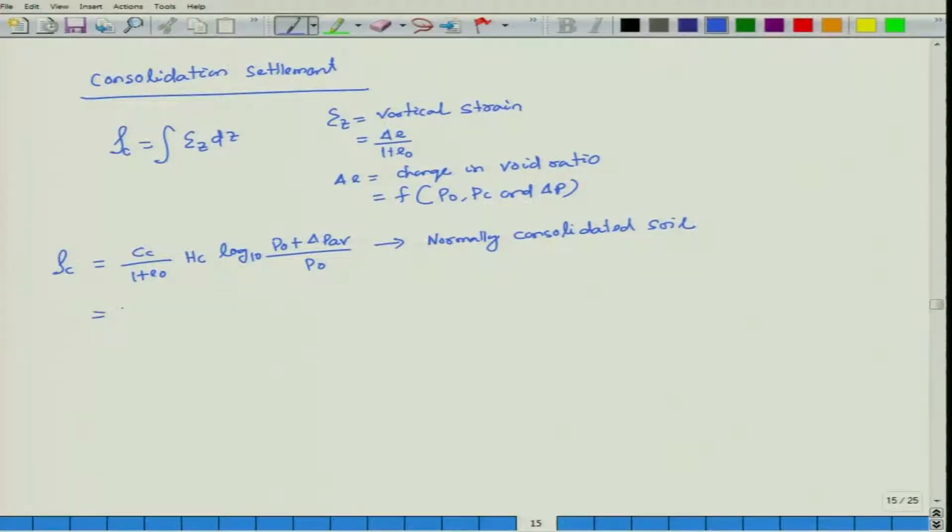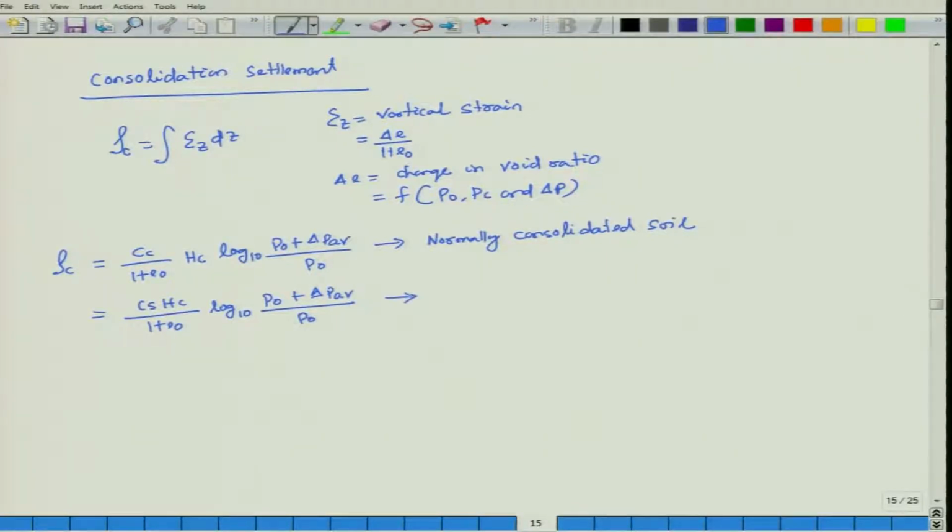And it is also equal to Cs, Hc by 1 plus E 0, log 10 of P 0 plus delta P average divided by P 0.